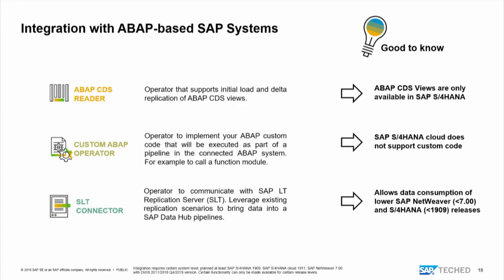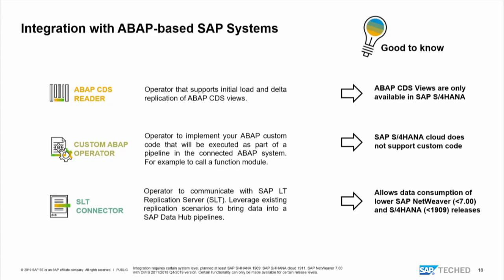You would get delta uploads, and you could do that on the whole object level instead of the single table level. The operator for executing ABAP logic, like I said, could be a function module. I think that is more or less self-explaining. I will show you in a second how that exactly looks like.